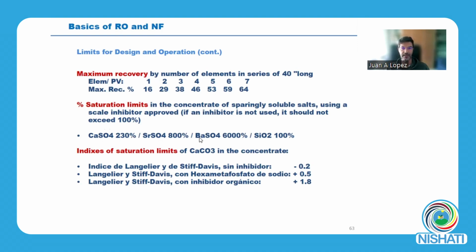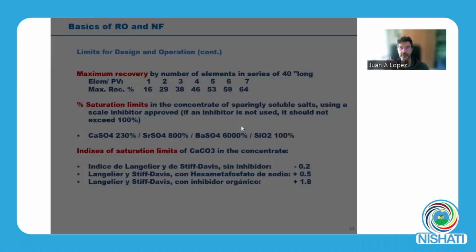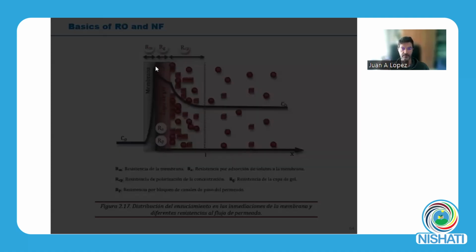These are very sparingly soluble salts, and you must pay attention to them, especially if you increase the saturation limits, because they are going to precipitate onto the membrane and reduce the flux. And when the flux is reduced, you need to use more and more energy to increase the pressure in order to maintain the flow rate production. Okay.